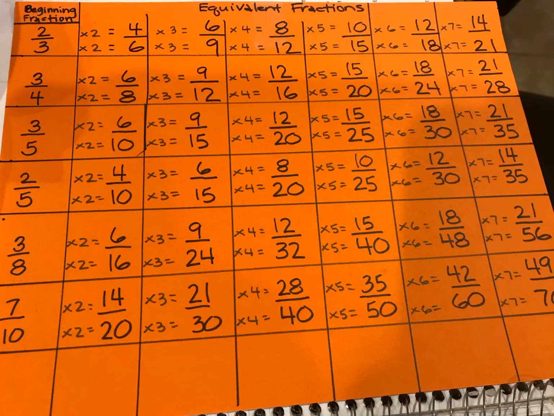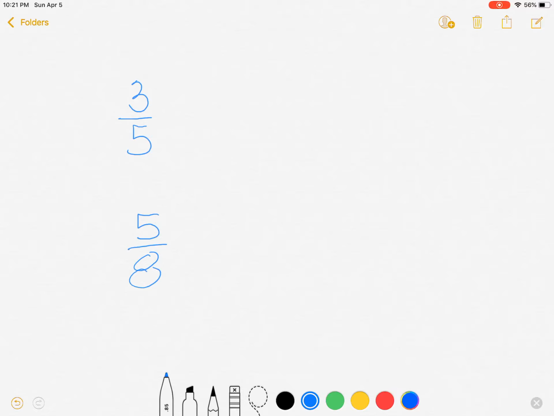So for this one, Corey this time ate 5/8 of his fruit roll-up strip candy, and Brianna this time ate 3/5. Okay, so when I look back on my chart that I made, I don't have a common denominator yet for both of those 2 fractions, but I can find one by remembering to count out multiples.